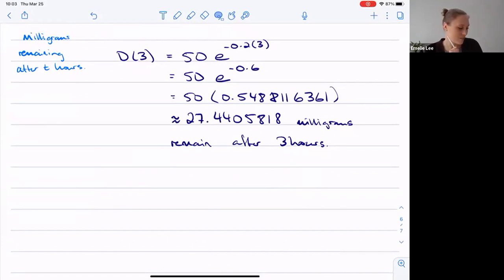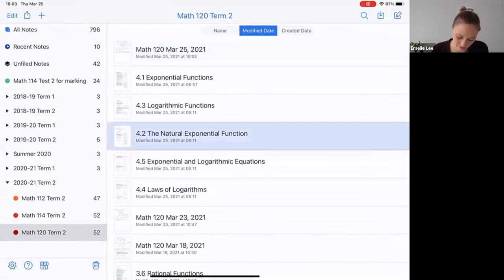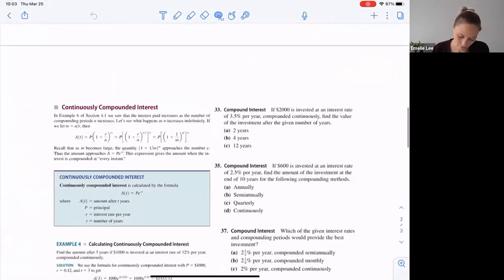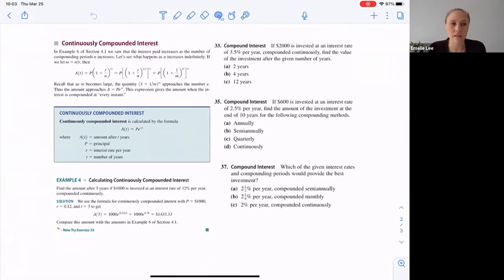It's how most interest is calculated for bank accounts or Visa cards or whatever financial thing you're looking at. There's also continuously compounded interest, which is on the second page, which is kind of interesting, but it's not very common. So again, I'm just going to skip it because I didn't put it on the test.